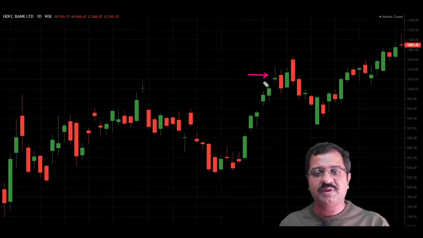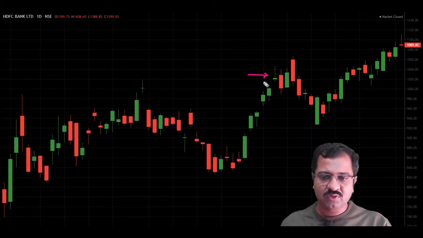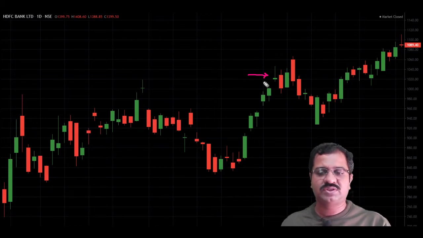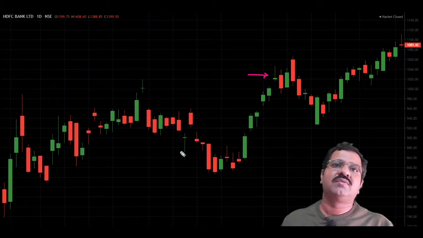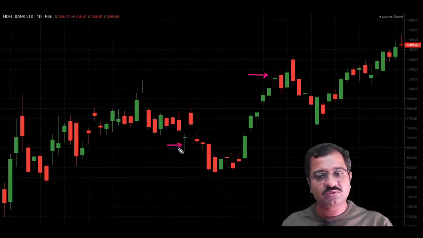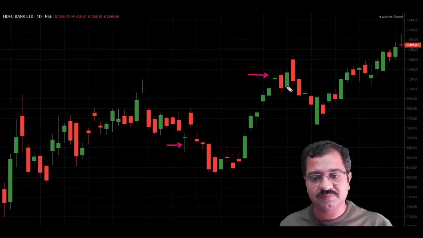In this, the open and close are on the lower side. We saw the example of the dragonfly doji where open and close were on the higher side. Now with the gravestone doji, open and close are on the lower side.